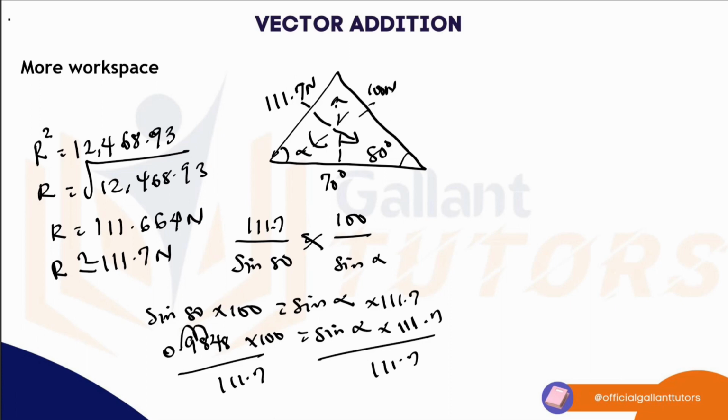So we have 0.9848 times 100 divided by 111.7.